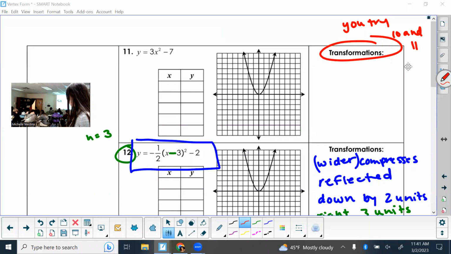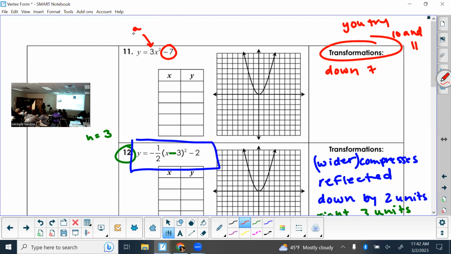Let's see. Table 5, can you tell me the transformations for number 11? Okay, down 7. That is true. So that covers the K. What about the 3? So class, what is this, an A or an H? The 3.